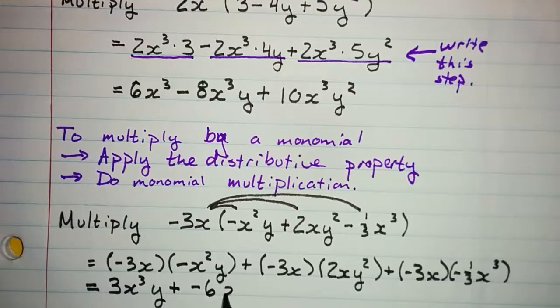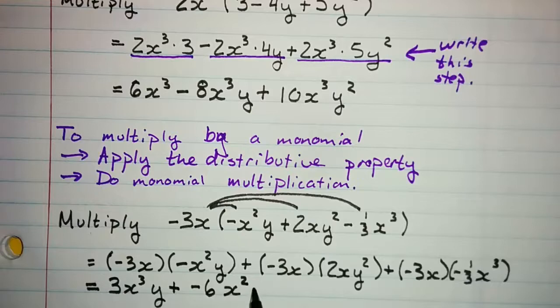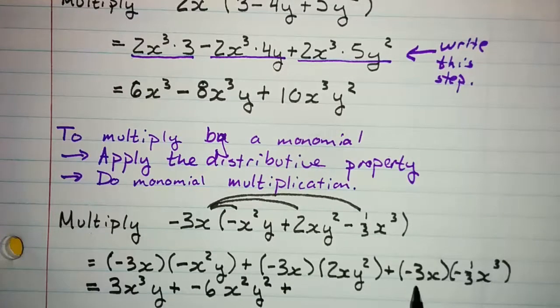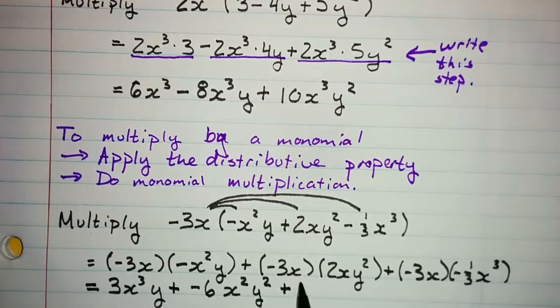X times x is x squared. Y squared is my only y factor, so I'll have y squared. Plus, negative 3 times negative 1/3 is just positive 1. X times x cubed is x to the 4th.